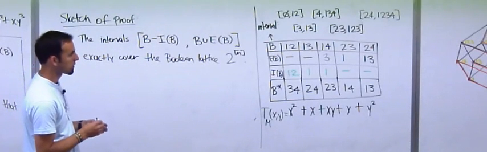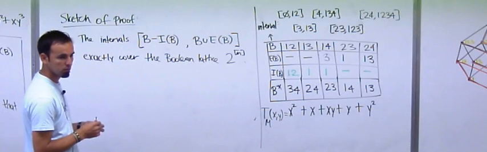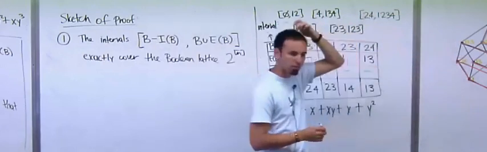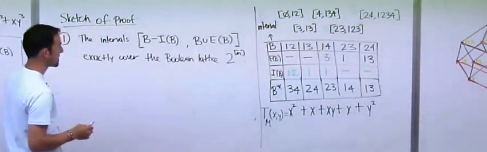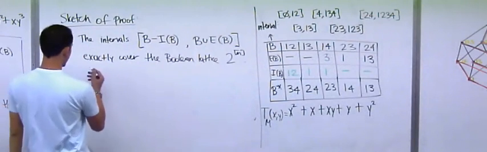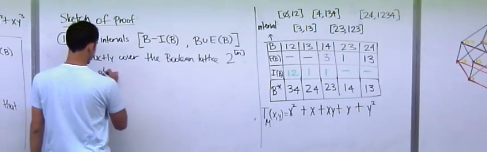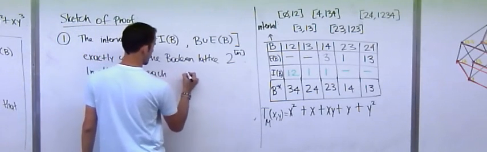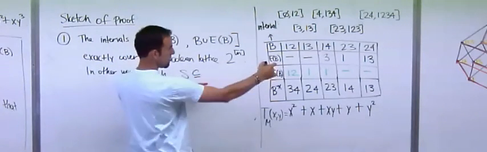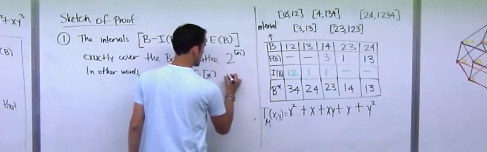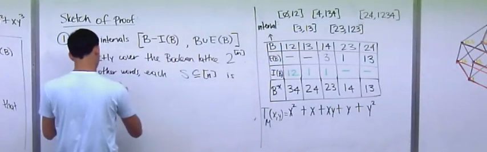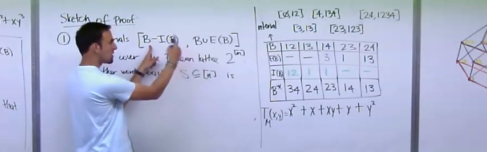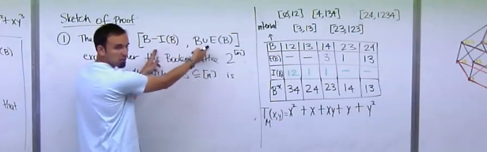And this is going to work for any matroid. So it's just the Boolean lattice on the ground set. Right. So for any matroid, you get a covering of the Boolean lattice on the ground set. So that's the first step of the proof. Okay. In other words, each set in the lattice can be written in a unique way as you take a basis, you delete some internally active elements, and you add some externally active elements.